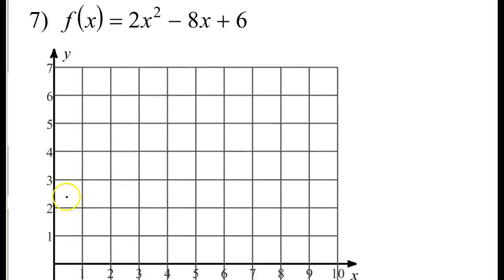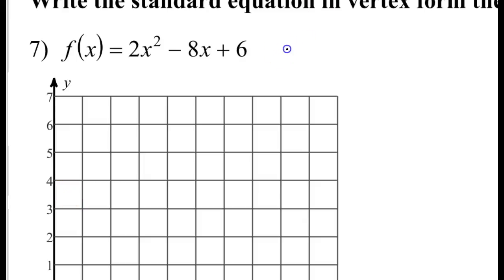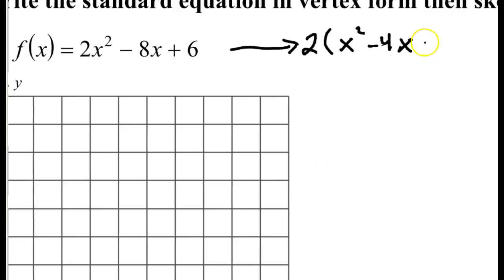For number 7, you have to start off just like we do when you're factoring. If you can take out a number, you want to take that out. So you take out, like here, 2. Start it this way. Alright, but here's where it changes a little bit.